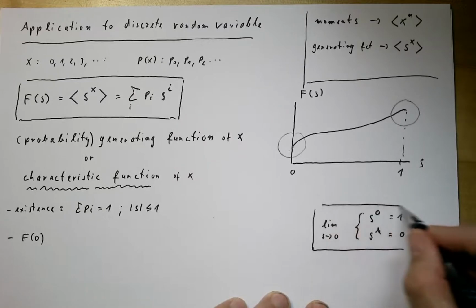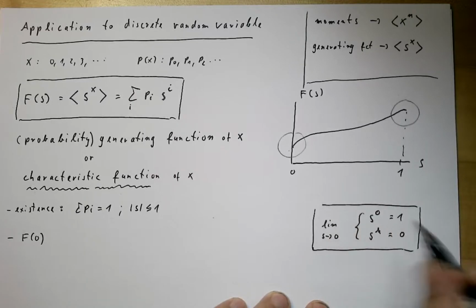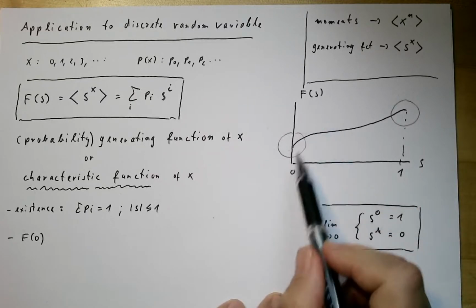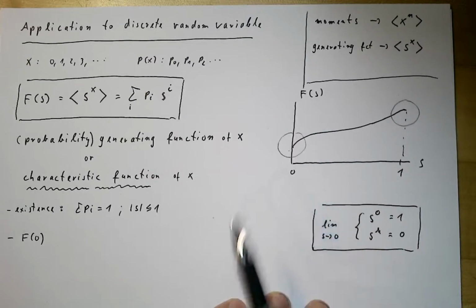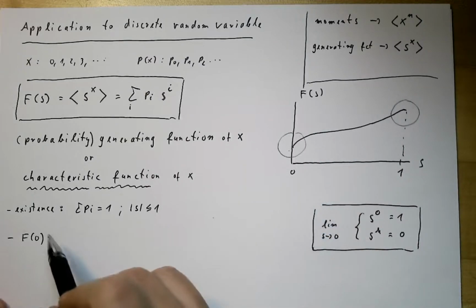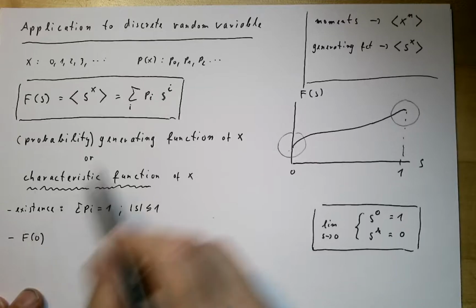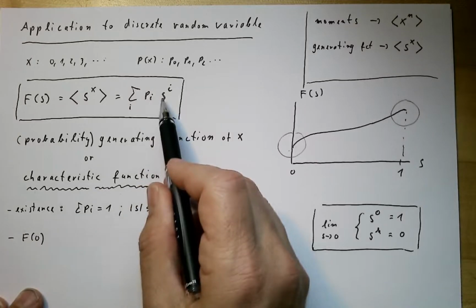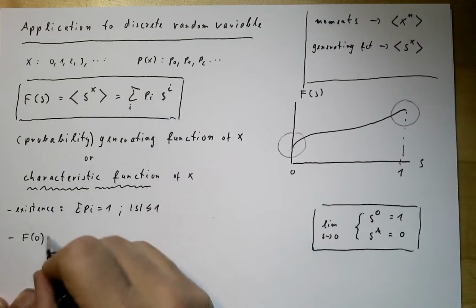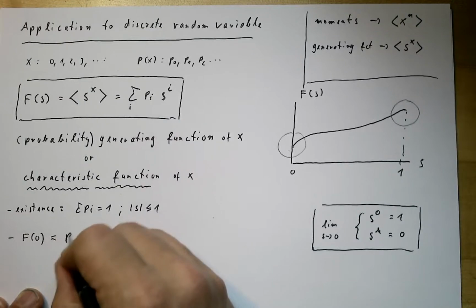We have to keep this in mind when we calculate the value for s equals 0. If we plug this in, we see only the first component remains.